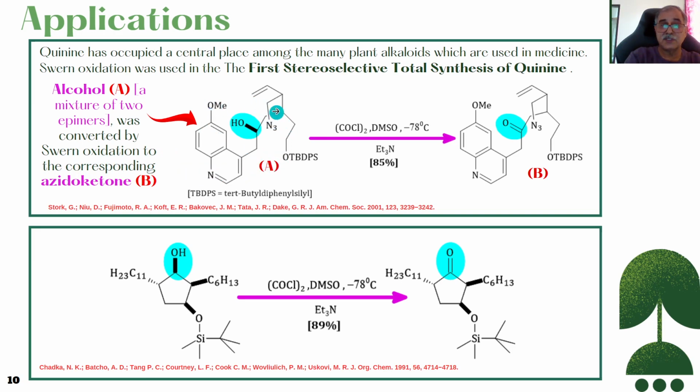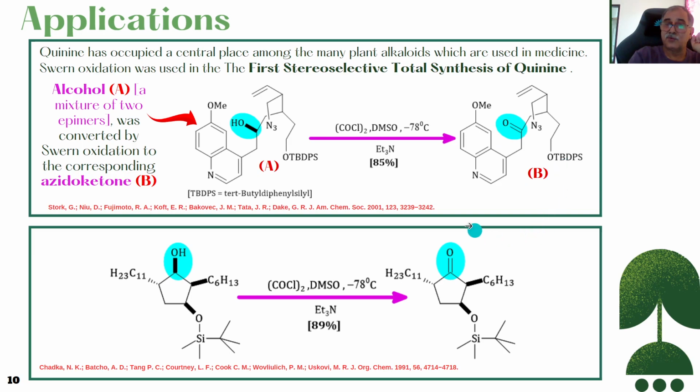When this type of azido alcohol, which is a mixture of the two epimers alpha and beta, was reacted under Swern oxidation conditions, it was converted into this azido ketone in 85% yield.